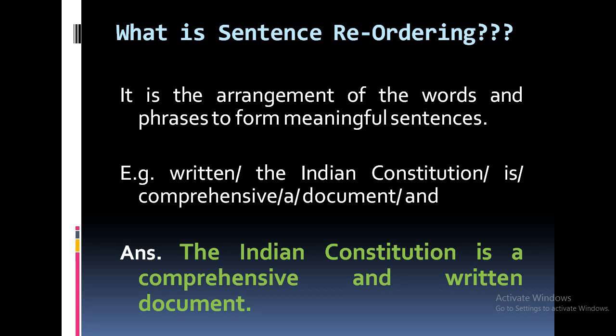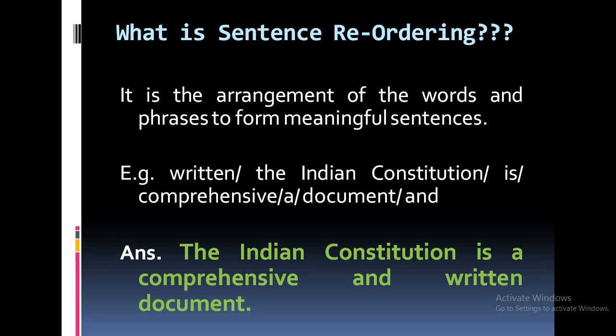The part of the sentence within the 2 slashes, you cannot break. Like here, the Indian Constitution. In the sentence you cannot put Indian somewhere and Constitution somewhere else. All these 3 words, wherever you place them, should be placed together.